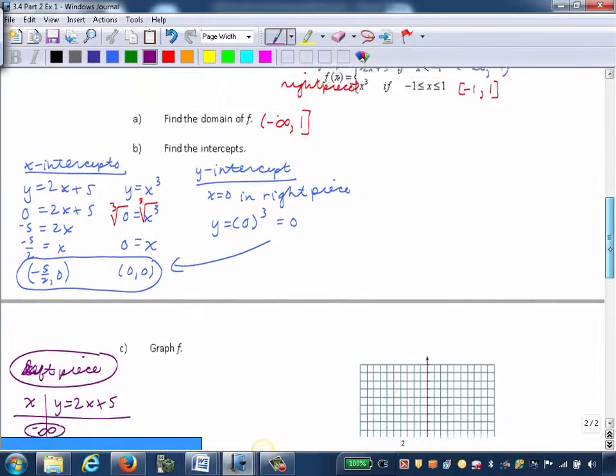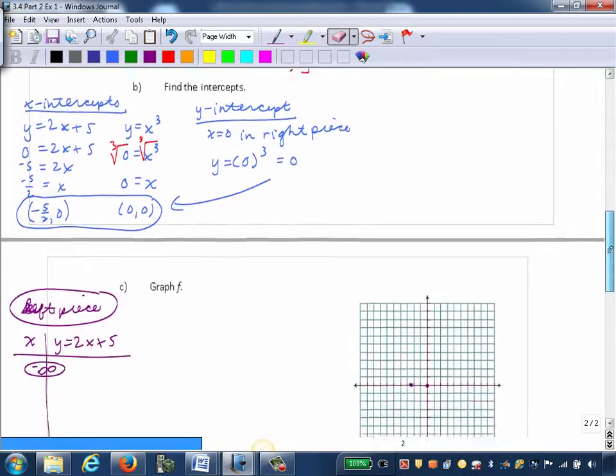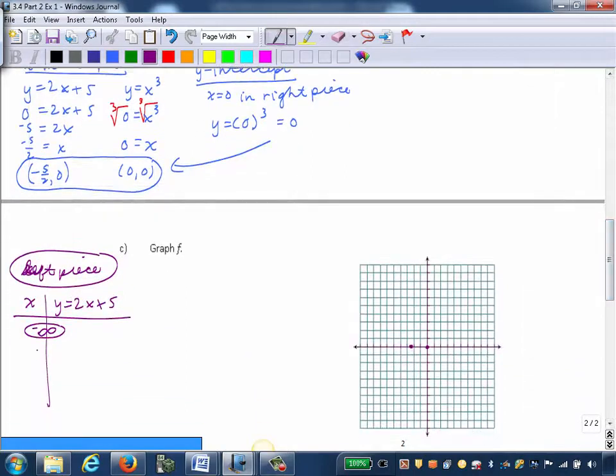Since there isn't a left boundary of this left piece, all we have to do is show some point to the left of the right boundary. The right boundary is negative 1, so I'll show, just for example, a negative 3. I pick any x value to the left of that right boundary.